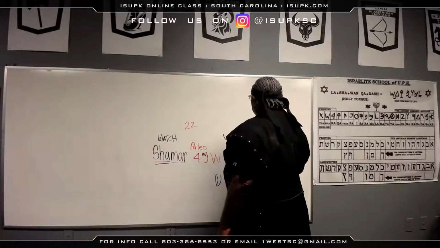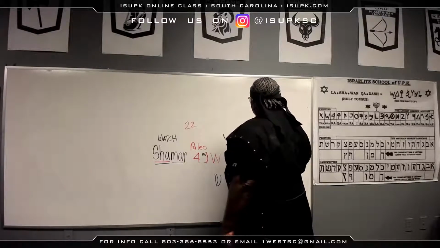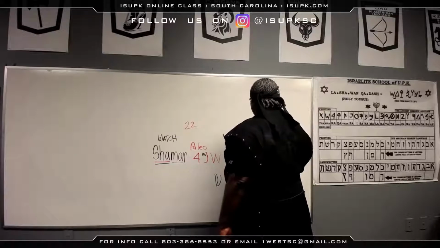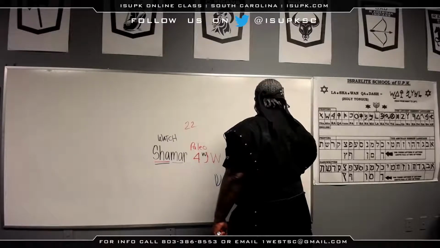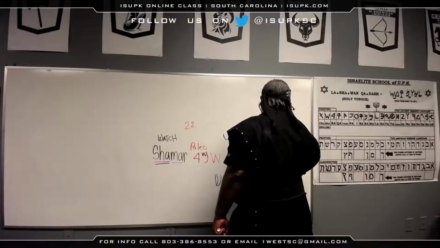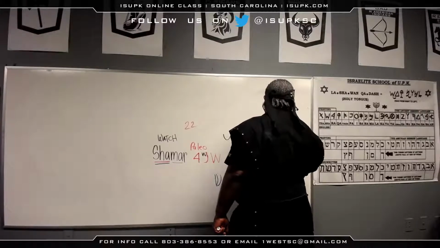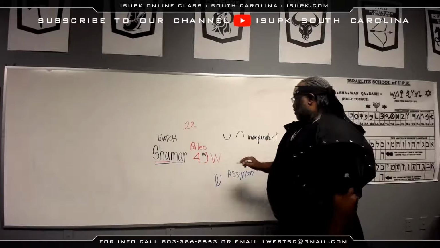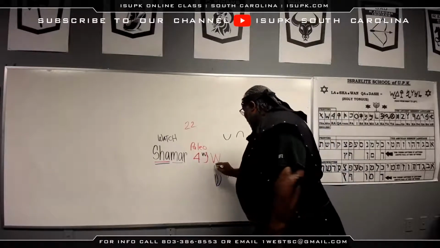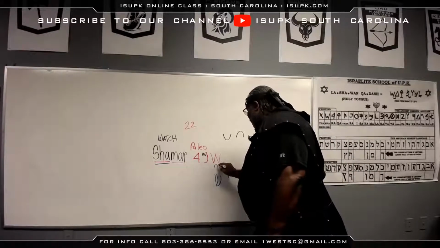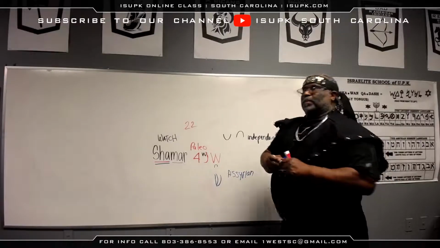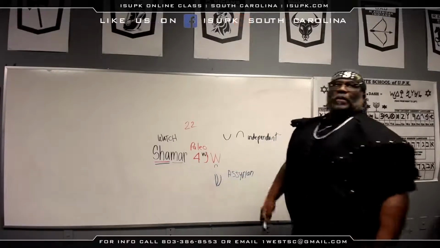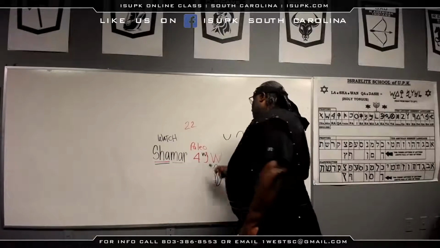This is an independent connector right here. This means independent. All right? When you see that upside down U, this is what it is right here. We want this to sound out by itself. Sha. Right there. Okay?